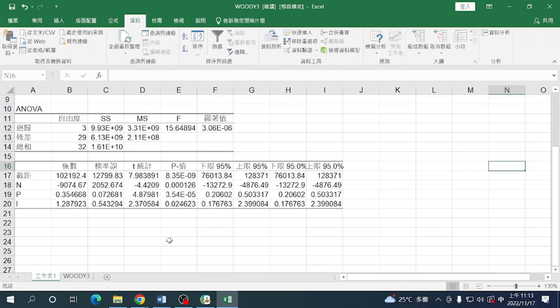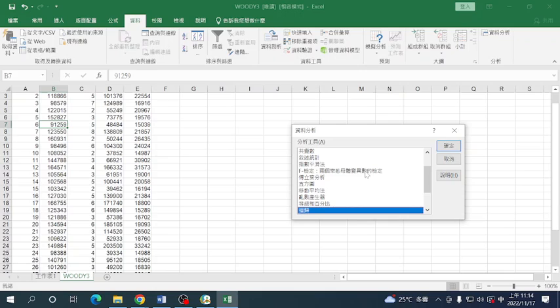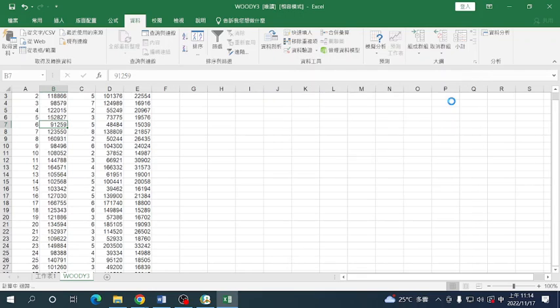So suppose I go back to my original data, and I change this confidence interval from 95. Did you see that? The default is 95. If I change it to 90%, then I'm using OK.